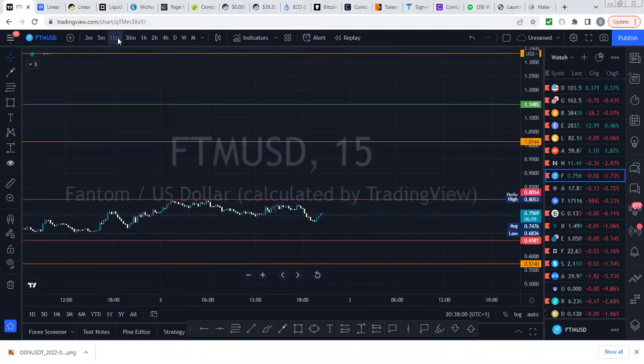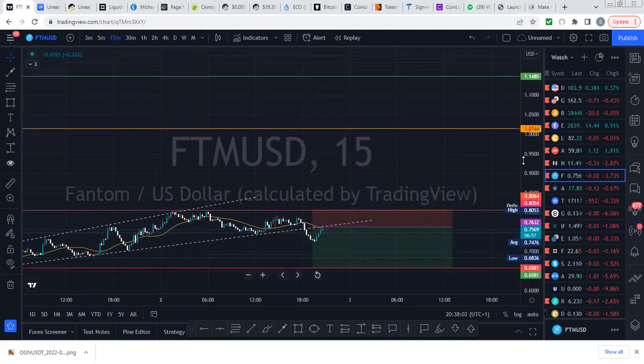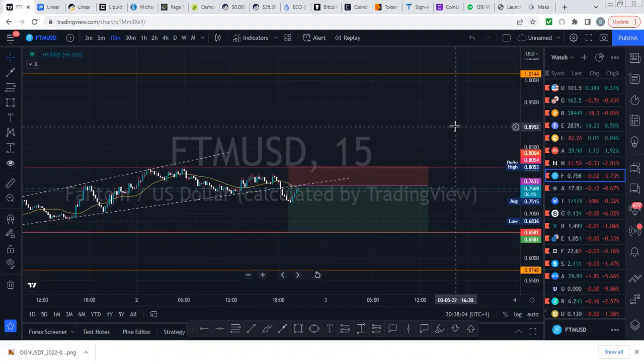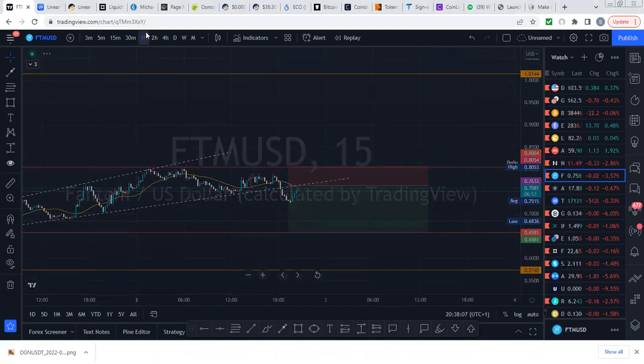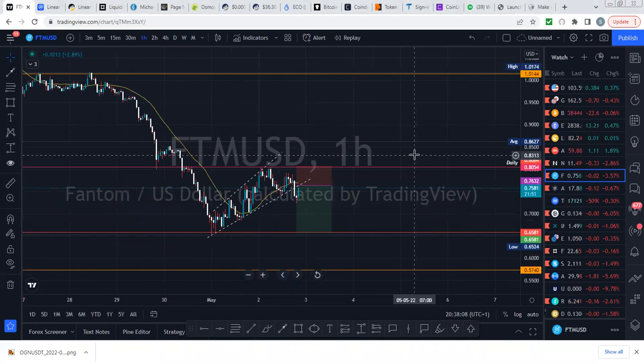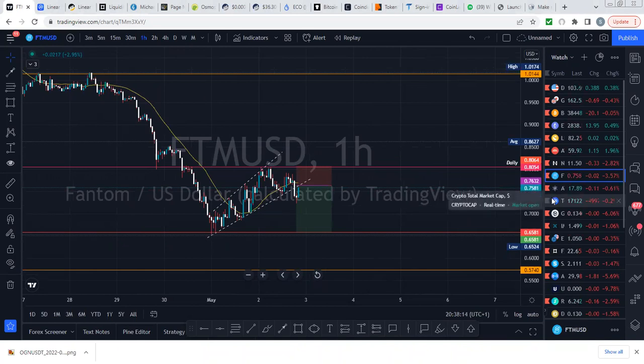So you can see the market is crashing. Market is dumping heavily. So tonight we are going to discuss Fibonacci.